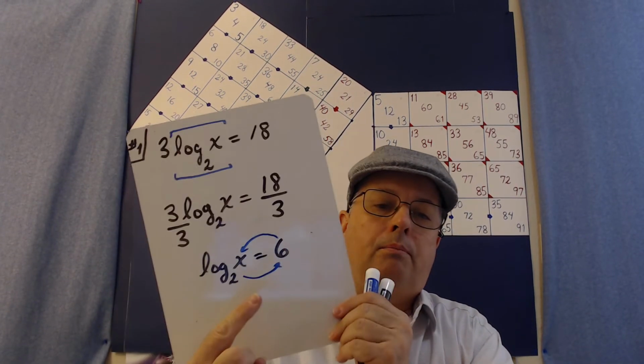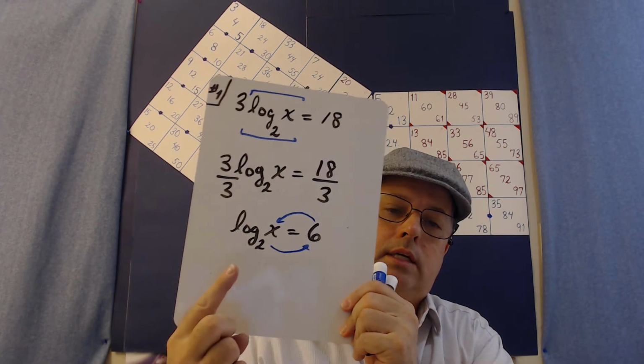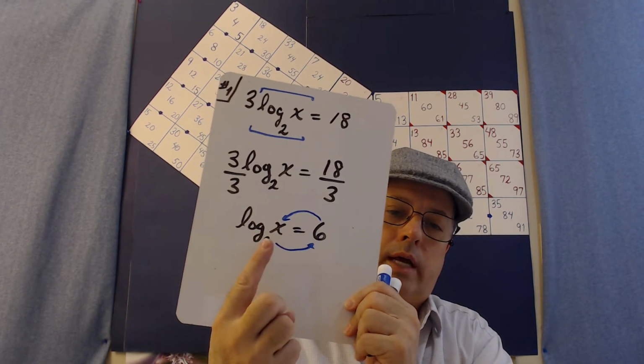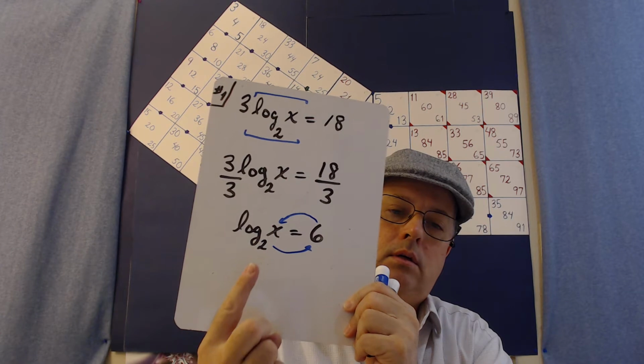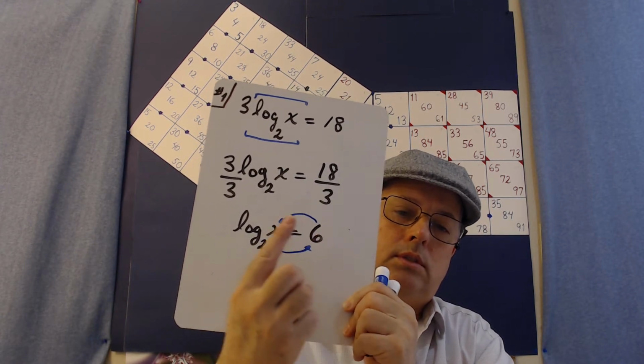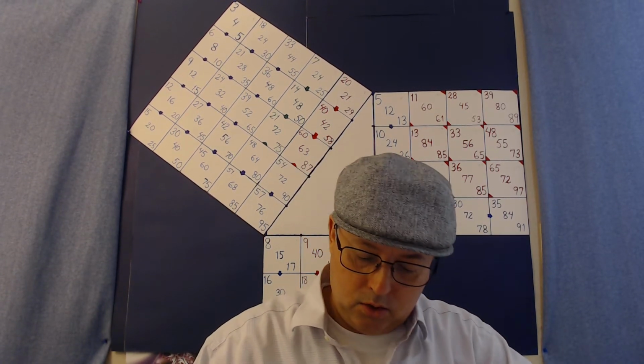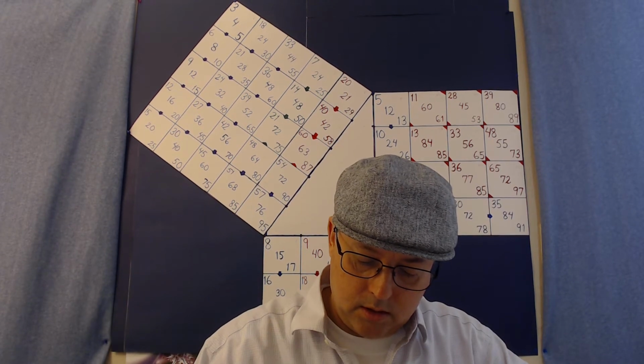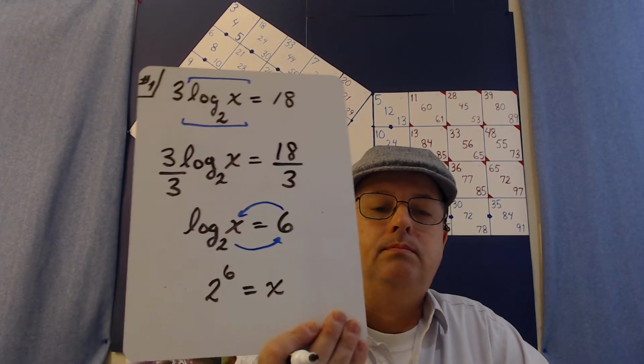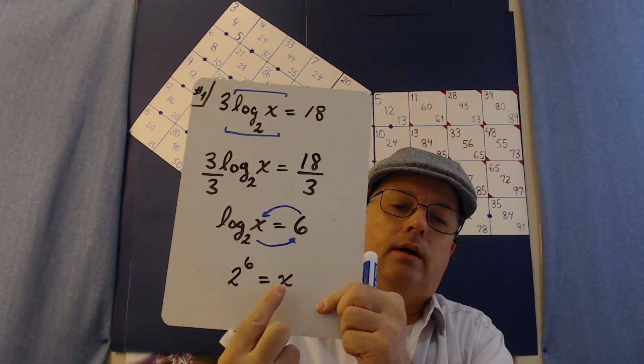So we apply this round trip, and we say log base 2 of x equals 6 gives us 2 to the 6th equals x. How do we find x? By taking 2 to the 6th. And so now we have solved for x.